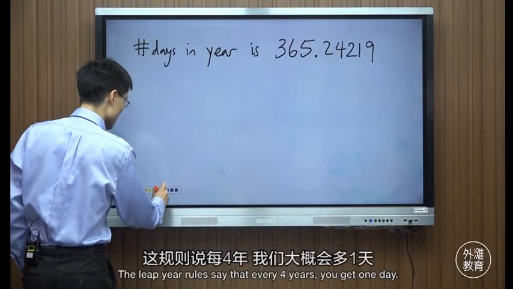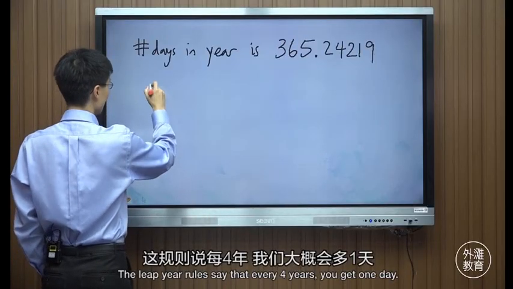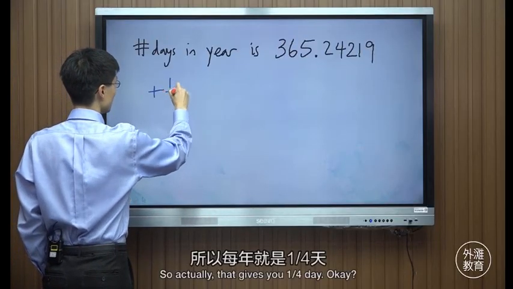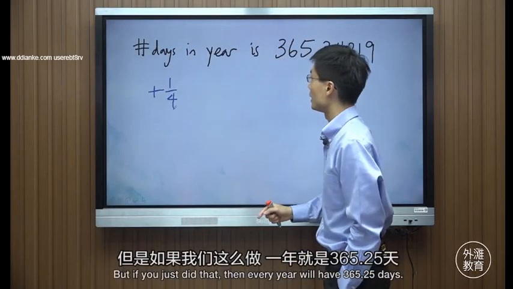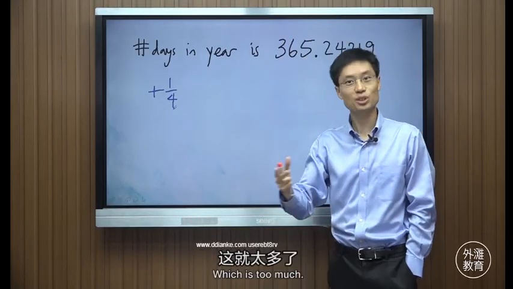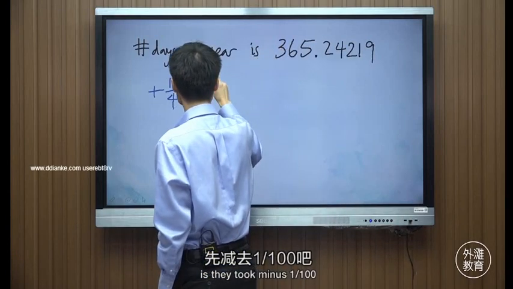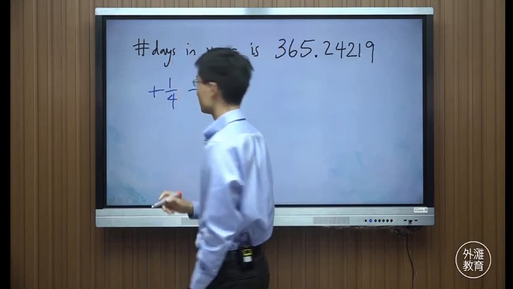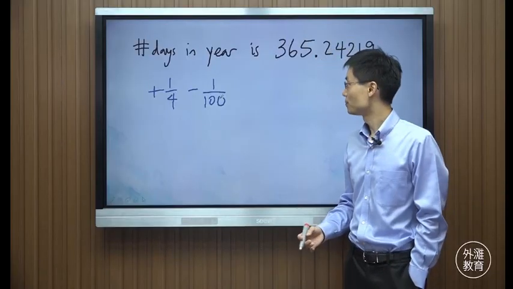The leap year rules say that every 4 years, you get 1 day. So actually that gives you plus 1/4 day. Okay? But if you just did that, then every year would have 365.25 days, which is too much. So the correction that people made is they took minus 1/100, which says that every 100 years, that's not a leap year.